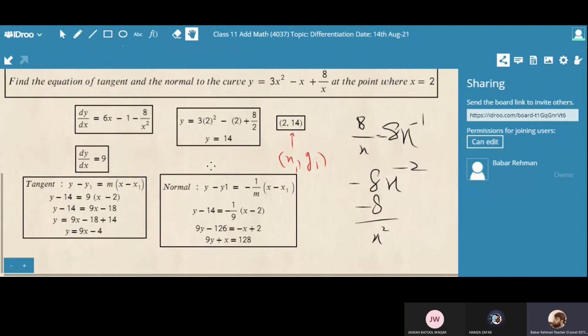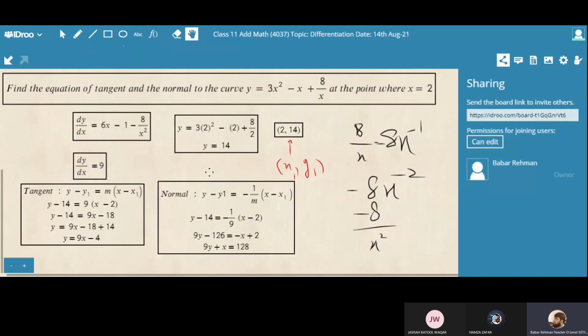So should I give you another sort of question, where a coordinate geometry concept is involved? Okay, start writing this question now.